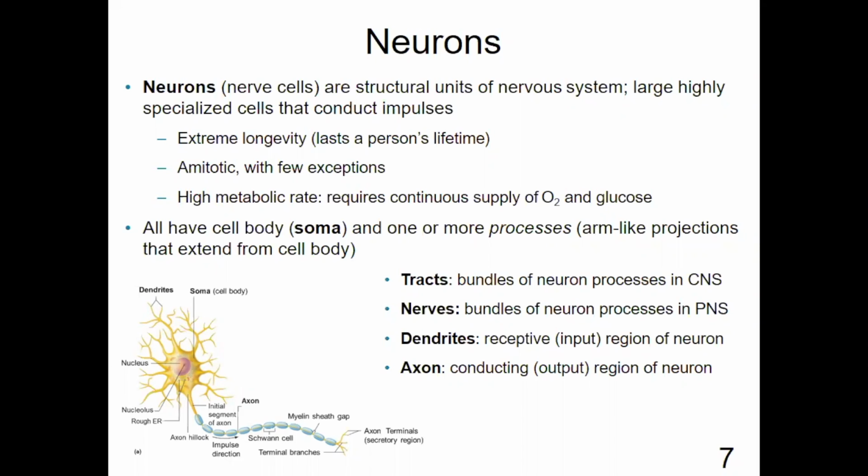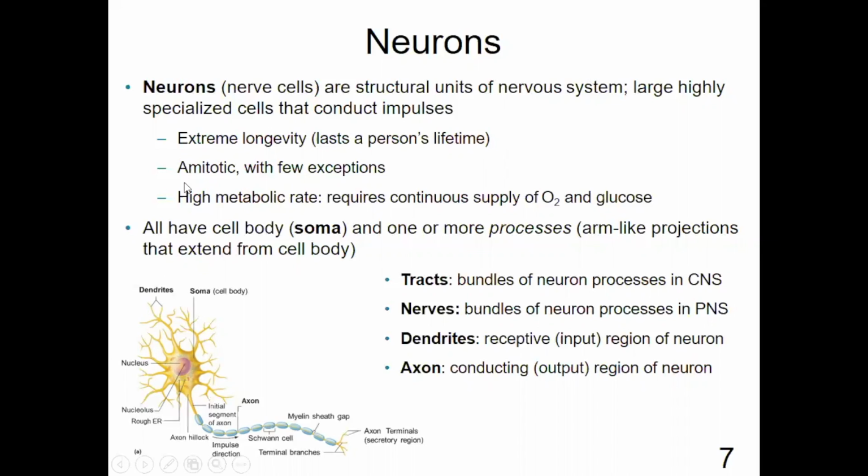We've discussed the ability of various tissues to regenerate or repair themselves. Neurons have a very low regenerative capacity. For the most part, neurons are not able to divide.